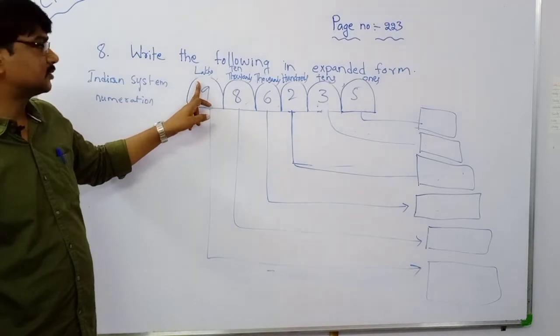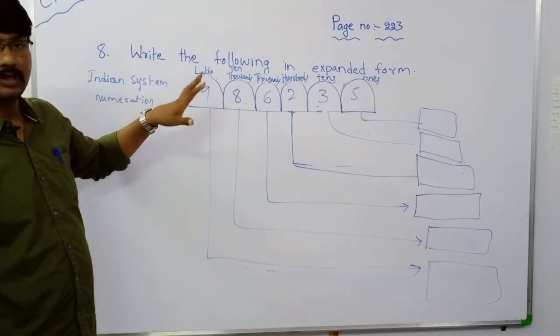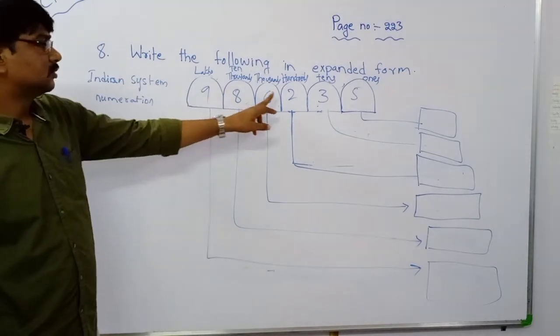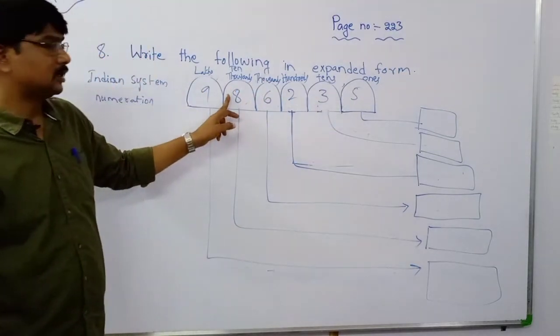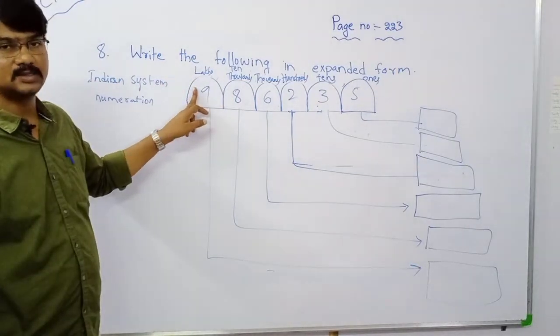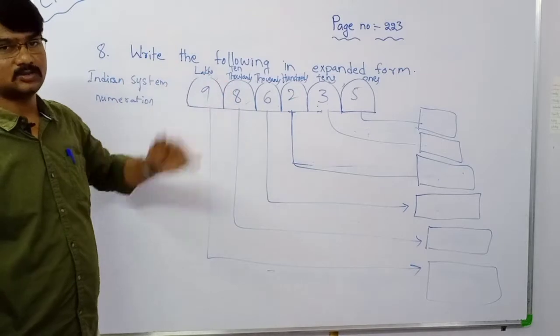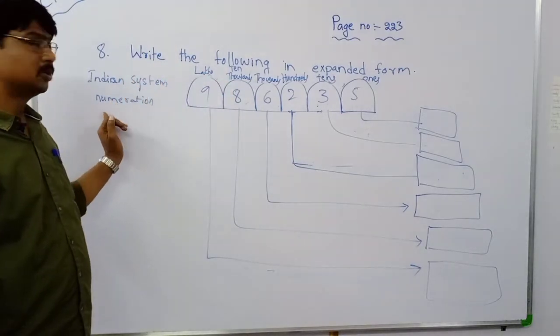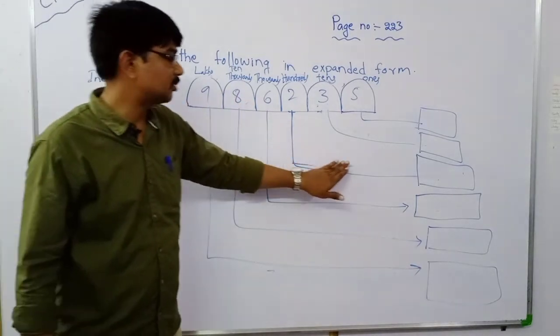At the lakhs place the difference will be there. Up to 10,000, it is the same. At the lakhs place, it changes to 100,000s. That is the international system of numeration.